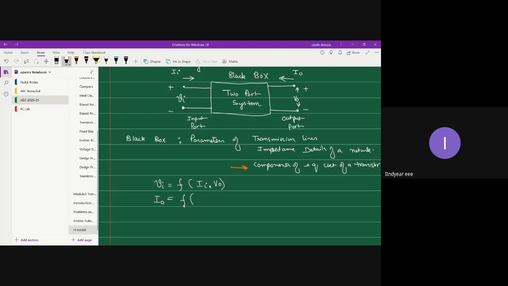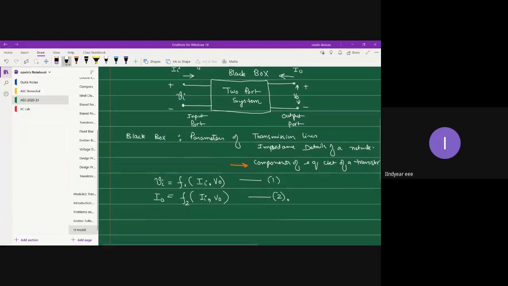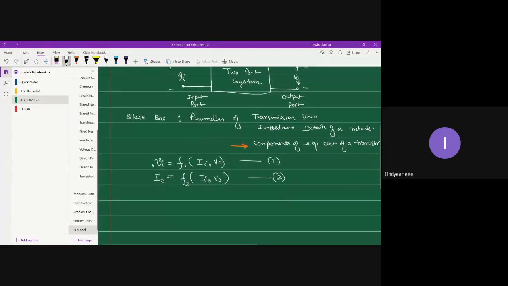Similarly, I0 we express as a function of Ii and V0. Let's call this equation 1 and this equation 2.